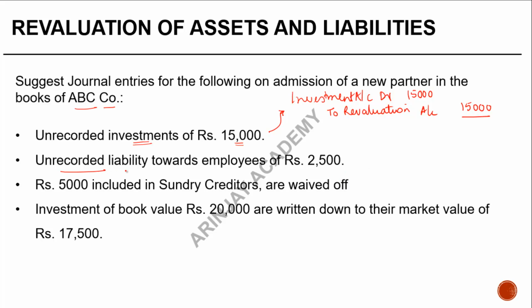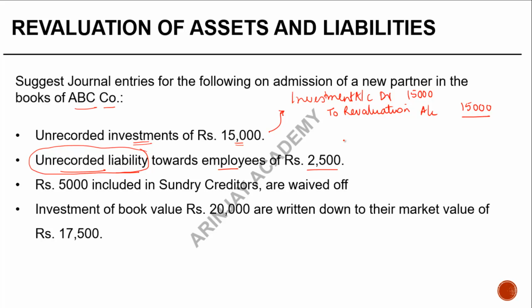Second, unrecorded liability towards employees of rupees 2,500. Now, when there's an unrecorded liability, what this means is it's basically a loss for the company as they are recording this liability. There's an increase in the liability, right? Because earlier it was zero, now you're recording it. So a loss is what?